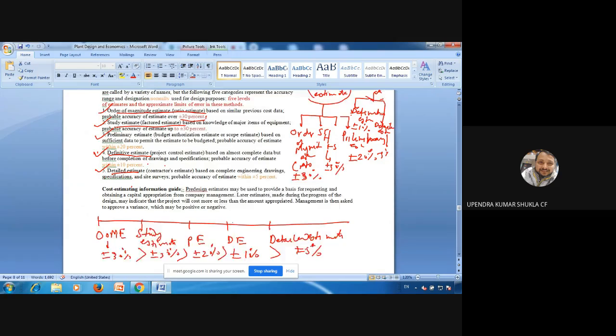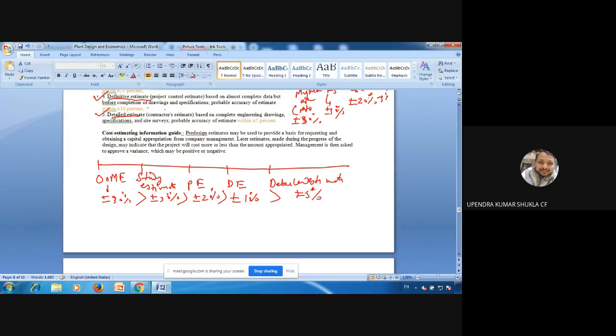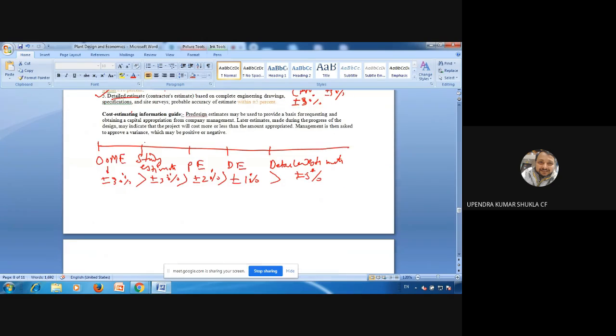So now I will tell you something about the cost estimation information guide. Now what we people do, the first three, meaning pre-design estimates, we focus more on that. And once your plant is establishing, in the phase of establishment, certainly we refine our cost estimation due to the process of establishment of the plant.